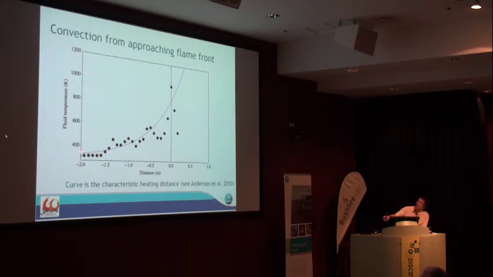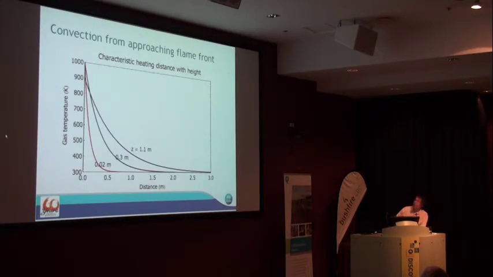In other conditions, we have curves with higher temperatures. So we picked up all the data that Mike provided us and did some analysis, and we were able to model this characteristic heating distance, the parameter that defines the shape of this curve, as a function of the height where we are measuring.